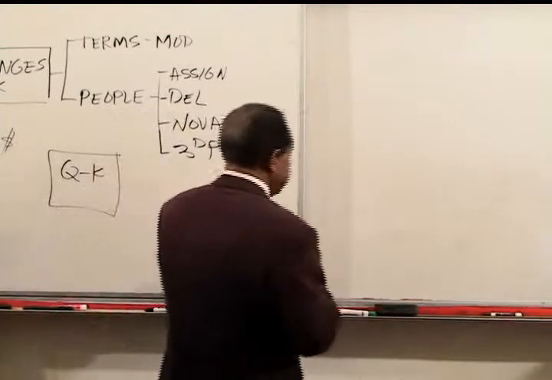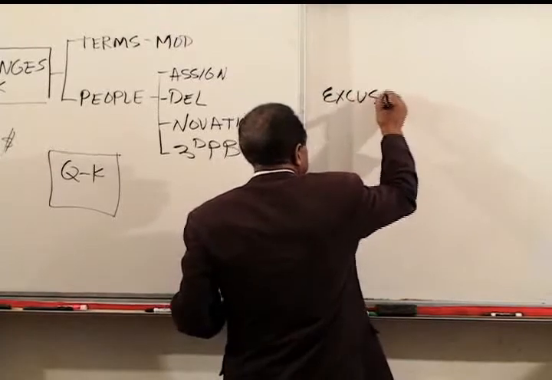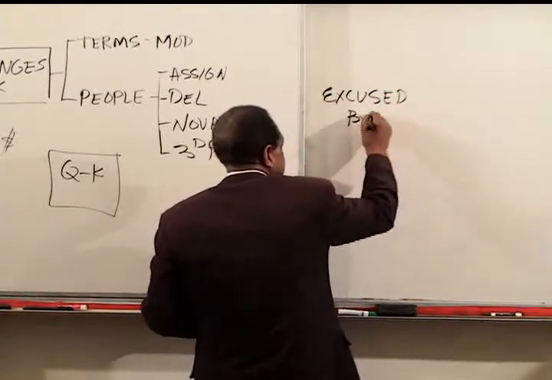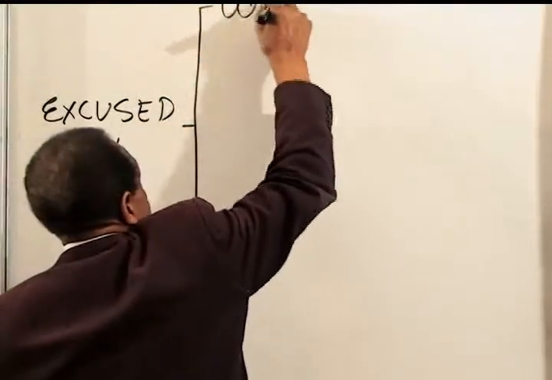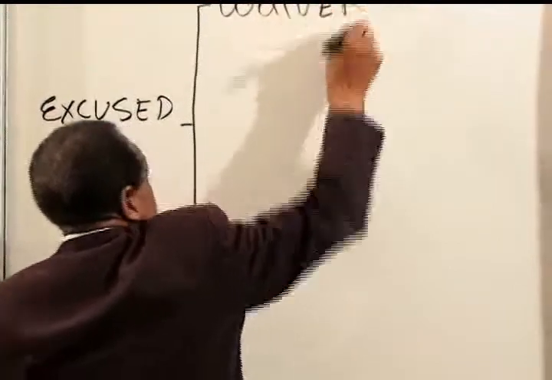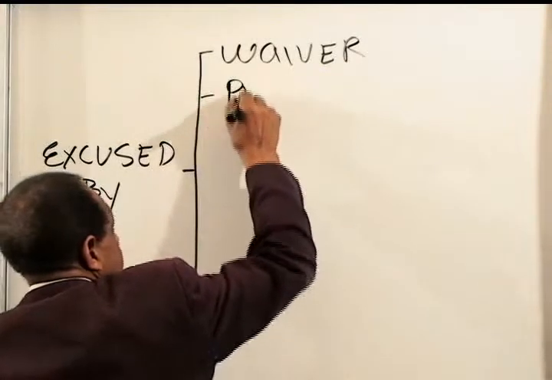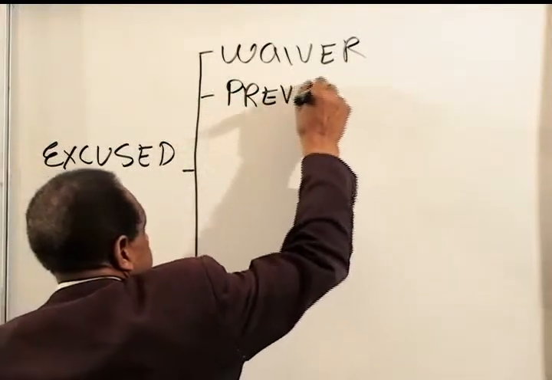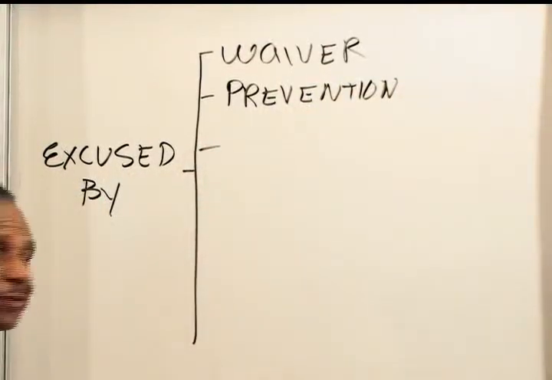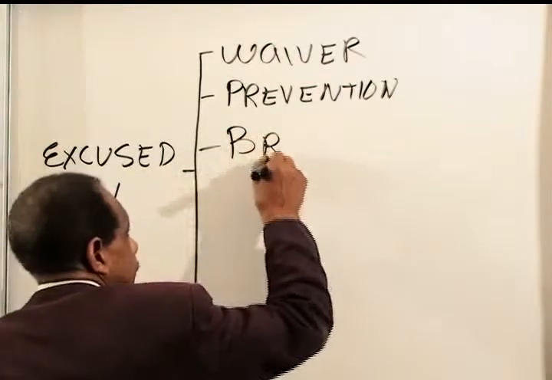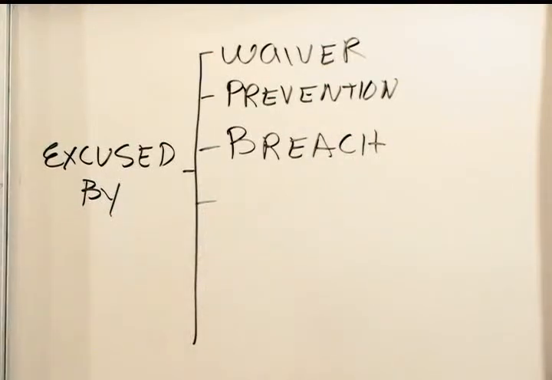So the events may be excused by, and here are some things that might excuse the events. Number 1, by waiver. Okay, and we will talk more about that. By prevention. By breach of contract. By impossibility.